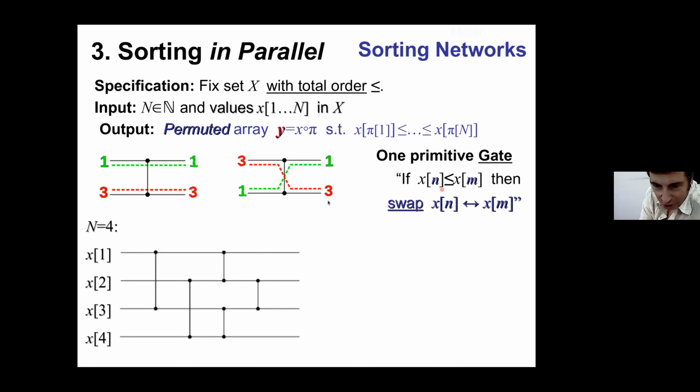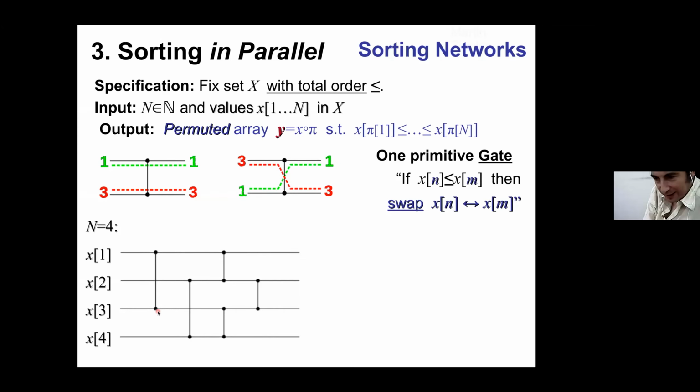And what I draw is this vertical line, which is called a primitive gate. It is a piece of operations which simply compares xn to xm, and if the left one is bigger, then it swaps them, so that the left one is always smaller than the right one. This is what this is supposed to do.